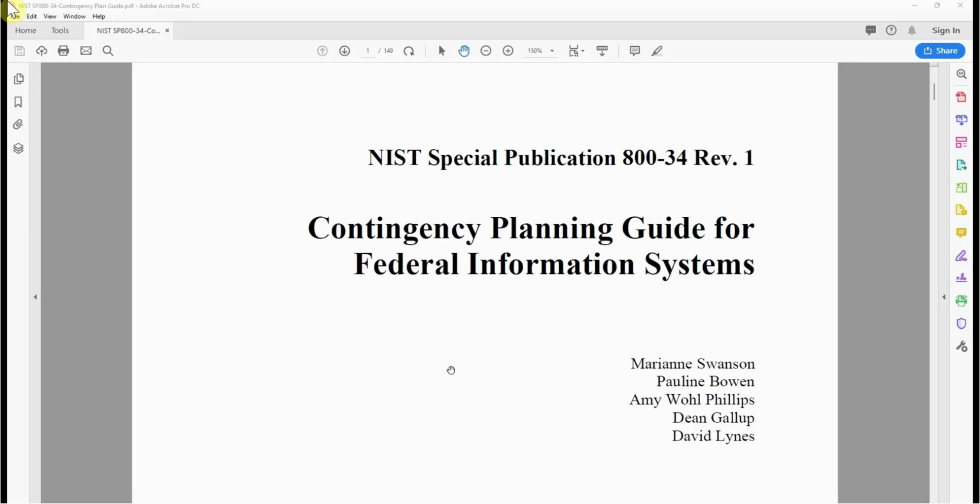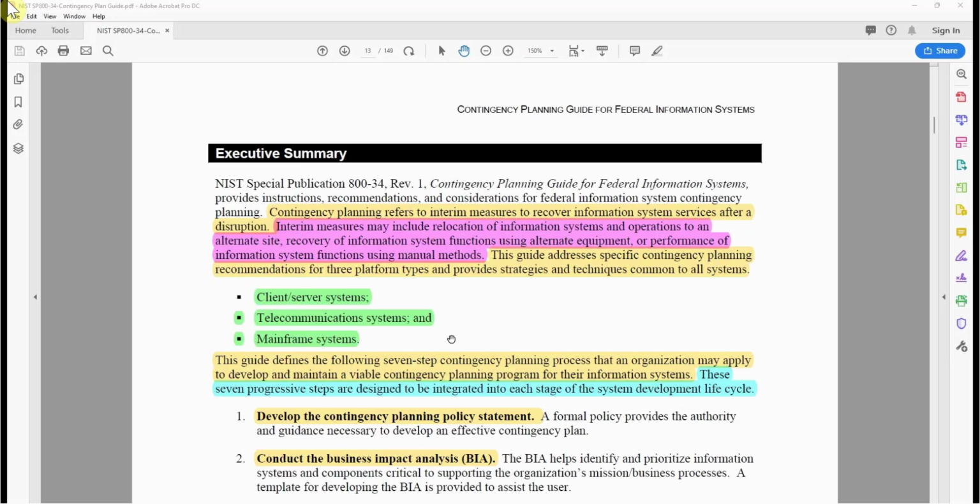Now let's look at the executive summary of the NIST Special Publication 800-34 Revision 1, Contingency Planning Guide for Federal Information Systems. Page 13 of the document, the executive summary. NIST Special Publication 800-34 Revision 1, Contingency Planning Guide for Federal Information Systems, provides instructions, recommendations, and considerations for Federal Information System Contingency Planning.